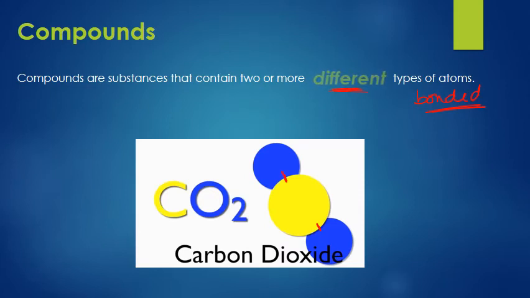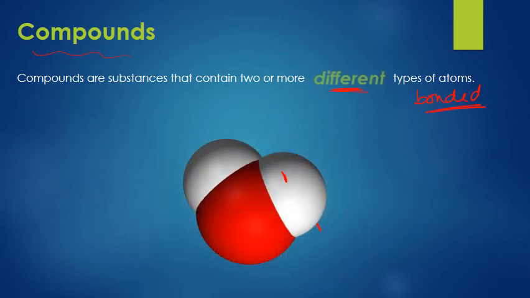But look, we have carbon as yellow and oxygen as blue, and they're all bonded together. So is this an element or is it a compound? It's a compound. Of course it's a compound. Because, yeah, it's on the slide that says compound. And it's made up of different atoms, or in this case, different balls, bonded together. Oh, here we have water.